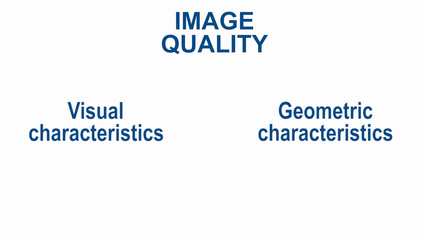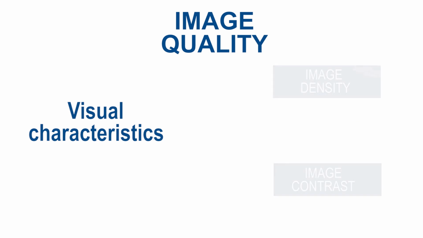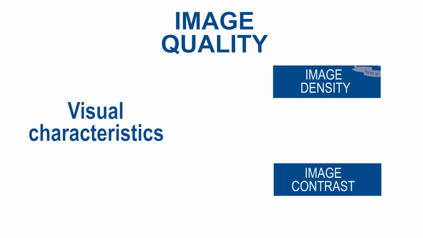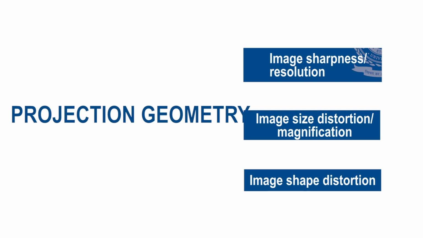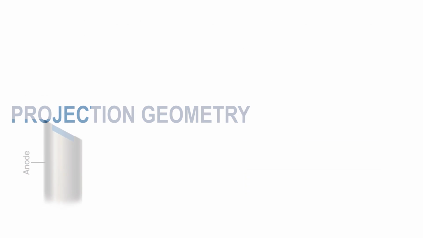Visual characteristics consist of image density and contrast, whereas geometric characteristics consist of image sharpness or resolution, image shape distortion, and image size distortion or magnification. Projection geometry plays a crucial role in determining the geometric characteristics of an image.